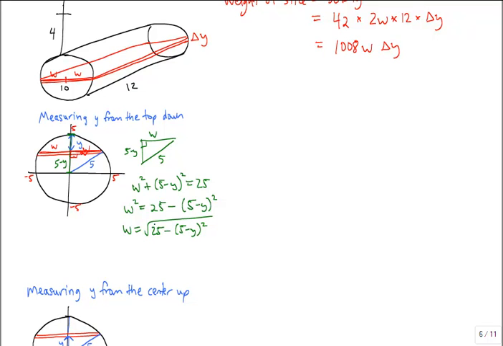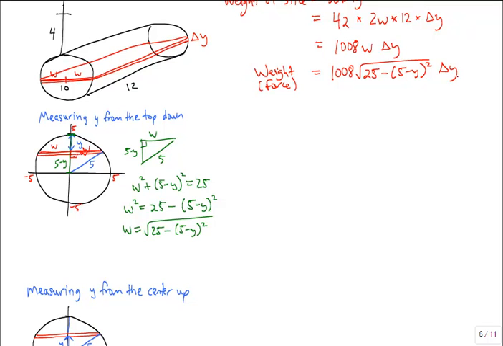So this is what W equals in terms of y, and that's what I need to put up here for this W. So my weight, which is also going to be my force, becomes 1008 times the square root of 25 minus (5 minus y) quantity squared delta y.